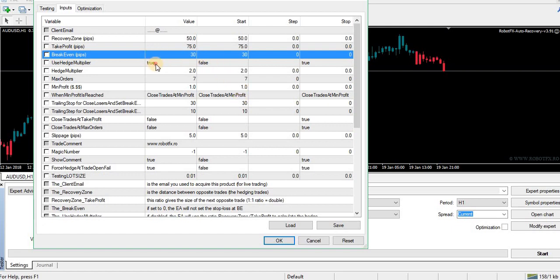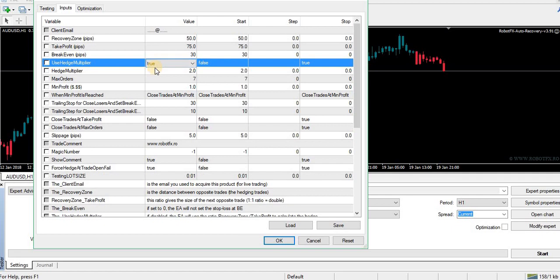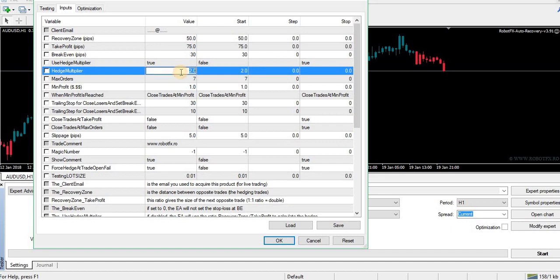All right, and then we have this option I tried to tell you before, use hedge multiplier. Hedge multiplier is the second value, which can be any value, except 1. Don't use 1, because if it's 1, then it doesn't multiply anything, right? We multiply by 1, we get the same result. What does it mean?